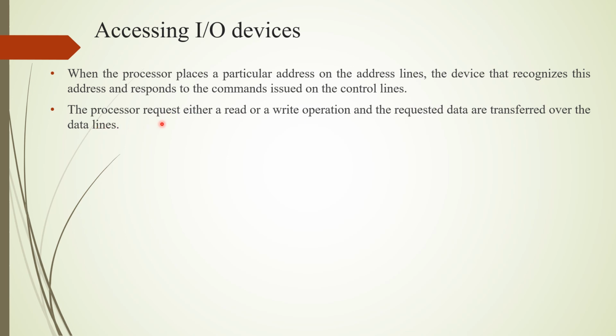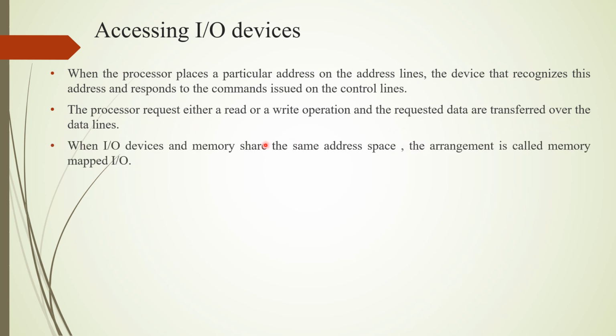The processor requests either a read or write operation, and the requested data are transferred over the data lines. When IO devices and memory share the same address space, the entire arrangement is called a memory mapped IO structure.